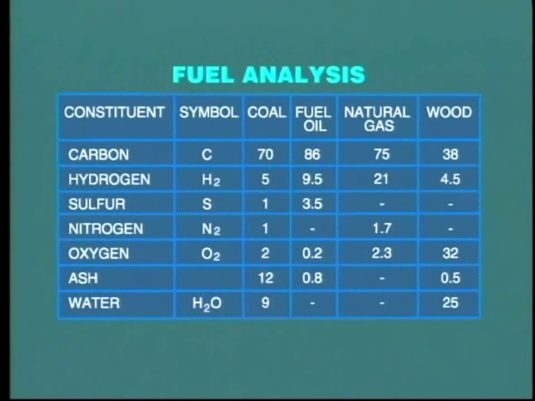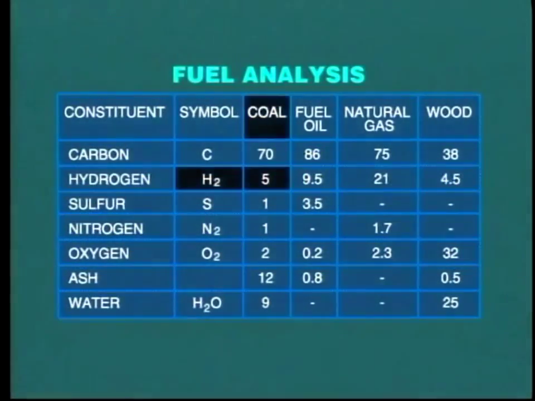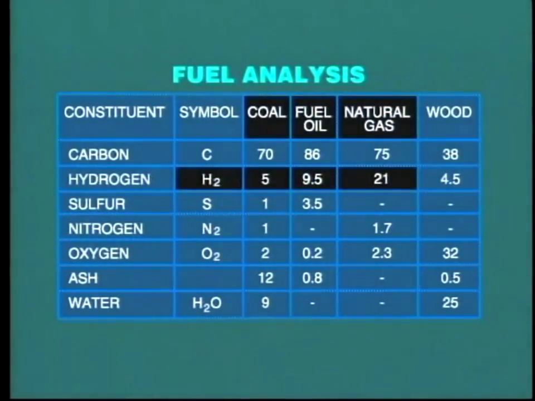We noticed when studying the fuel analysis that coal contains considerably less hydrogen than oil or gas. This factor makes it more difficult to ignite, particularly if the flow of fuel and air is reduced to a very low level. That would be at low boiler output.